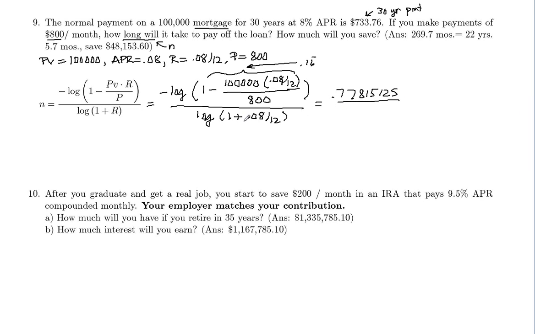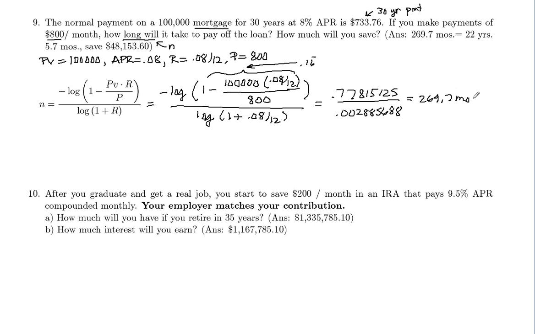And then on the bottom, this is your 0.006 repeating, plus 1 is 1.006 repeating, so you could do log of 1.00666666, and that gives you 0.00288688. Then divide these, and you get 269.7.